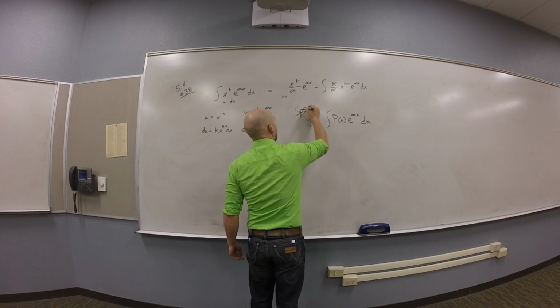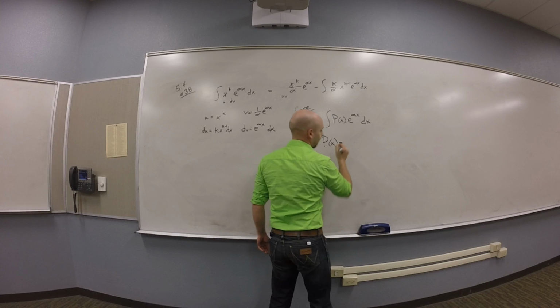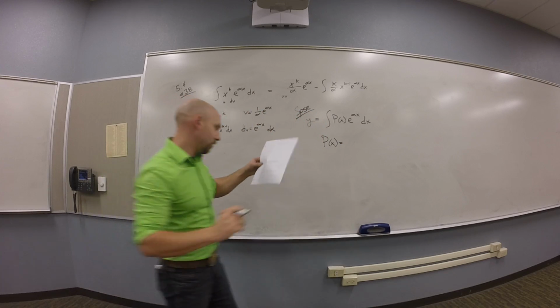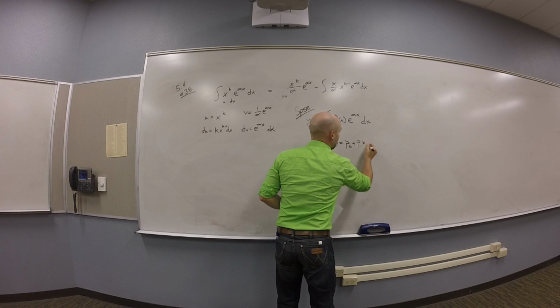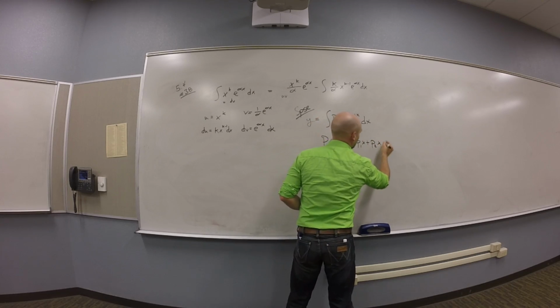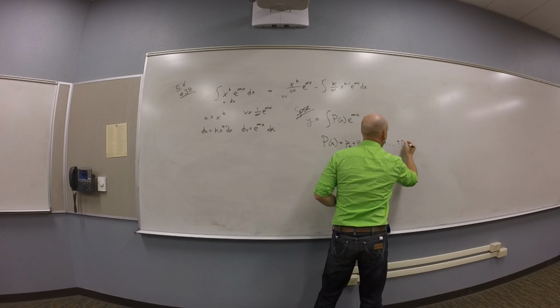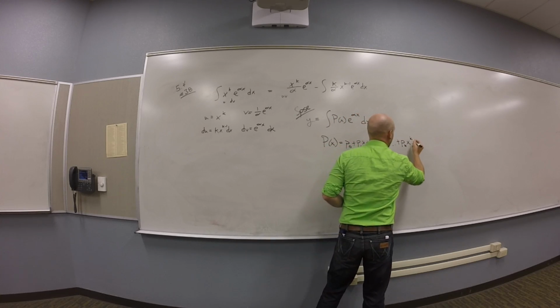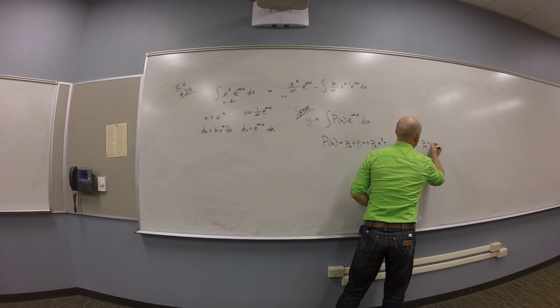So I'm going to just suppose this, and let me get their notation exactly here. p of x is p0 plus p1x plus p2x squared plus on up to plus pk x to the k, where pk isn't 0.